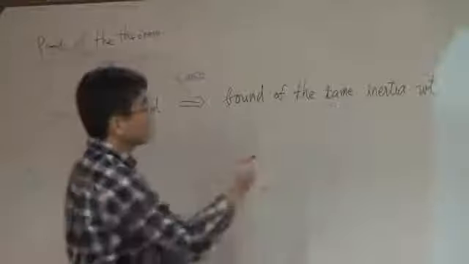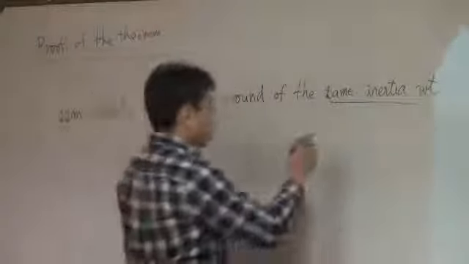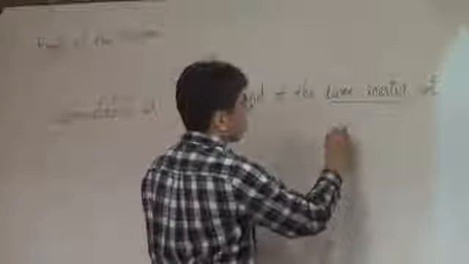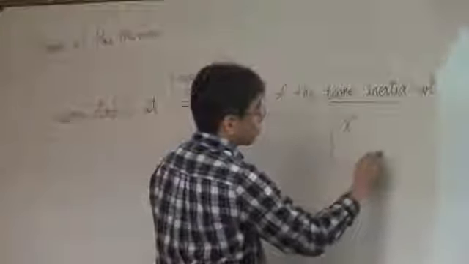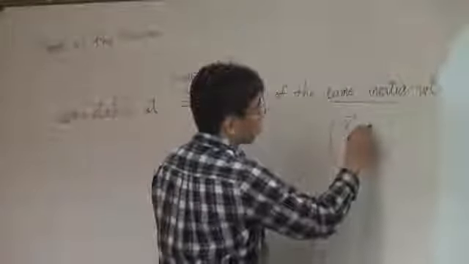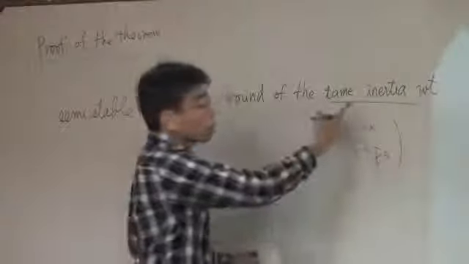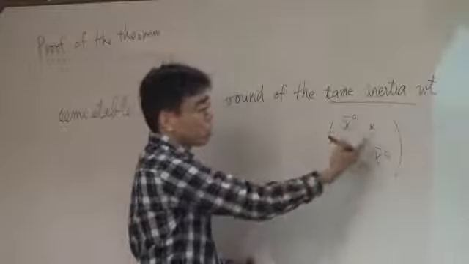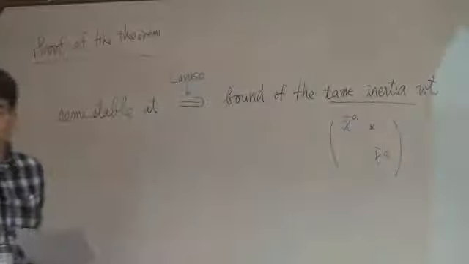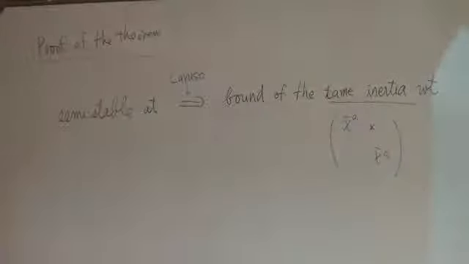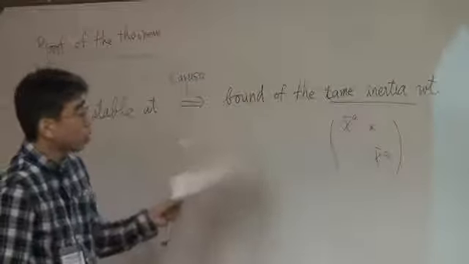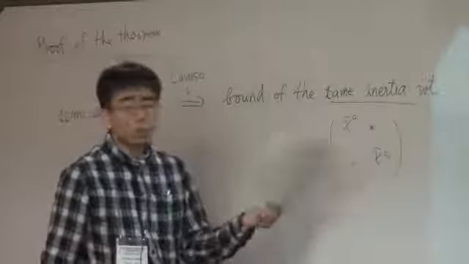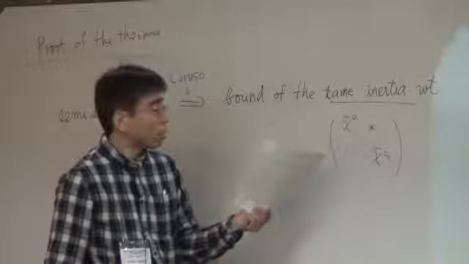So if the representation is like this, then this tame inertia weight is basically these integers. And it says that if l is large enough, these integers cannot be arbitrary. There is a bound.